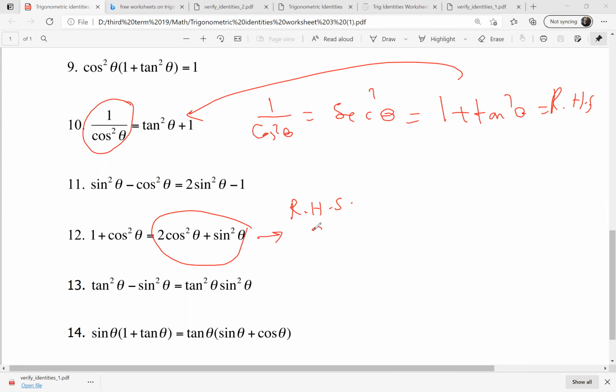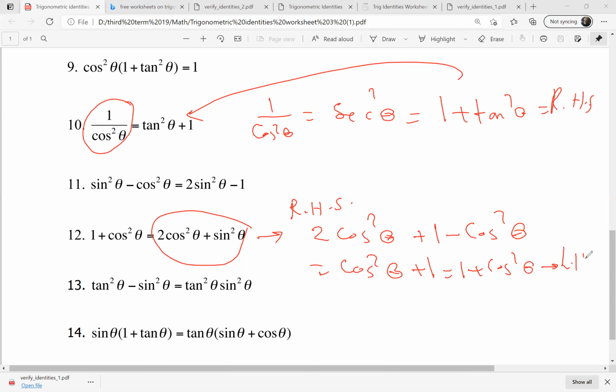It will be 2 cosine squared theta plus sine squared, which is 1 minus cosine squared theta. Now you have 2 cosine squared minus cosine squared. It will be cosine squared theta plus 1, or 1 plus cosine squared theta, which is the left hand side.